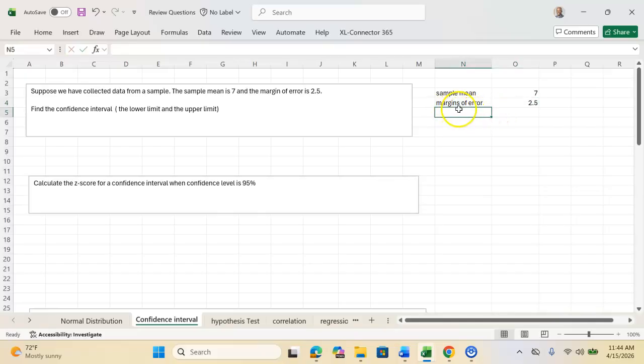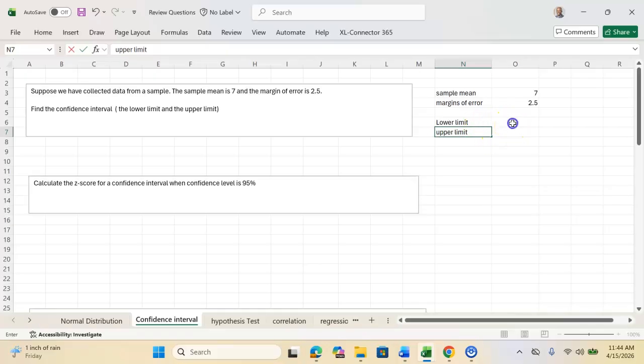How do we find the margin of error? We can find it by taking the z-score times the standard error. If we have the sample mean and the margin of error, we can find the lower limit and also the upper limit.